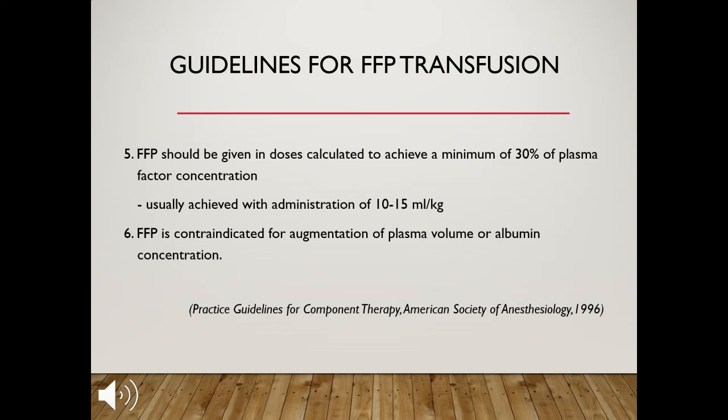So, huwag kayong malilito ha. Ulitin natin, pag platelet, for every 10 kilo body weight, 1 unit. Pero pag FFP, 10 ml per kilo. So, 10 times 70 kilos, that's 700 ml divided by 250 ml per unit, that's 3 units. And then lastly, FFP is contraindicated for augmentation of plasma volume or for albumin correction.